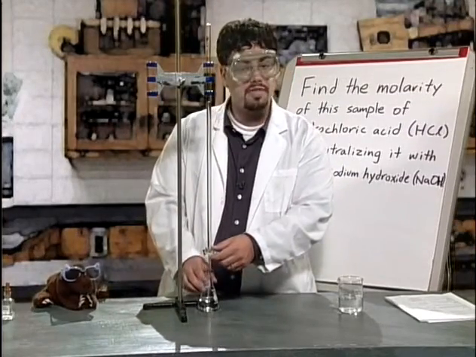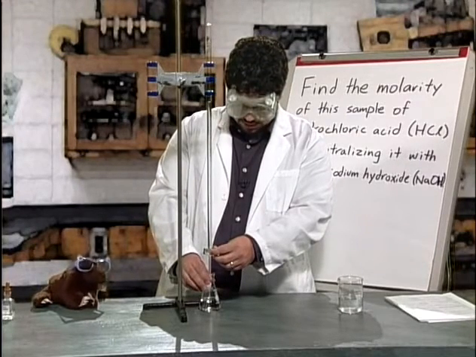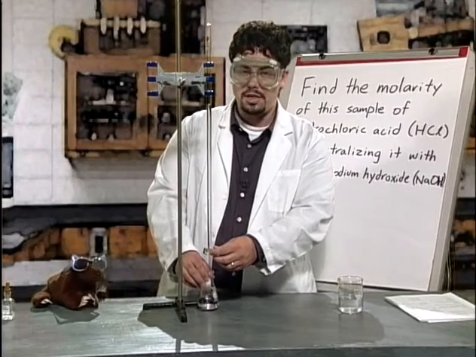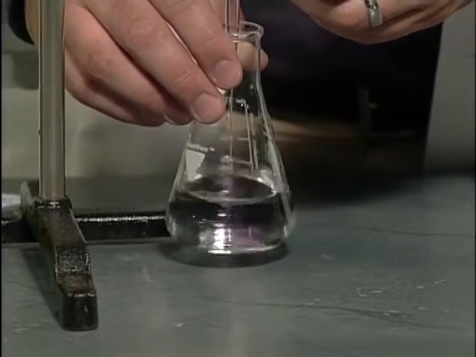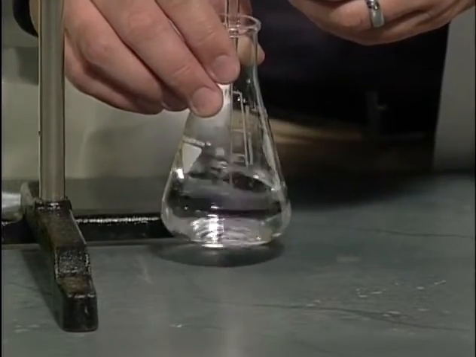Now, we turn the valve to slowly release the sodium hydroxide into the hydrochloric acid. You can see that the phenolphthalein in the acid detects the base when it is added. We swirl the flask to evenly distribute the base.